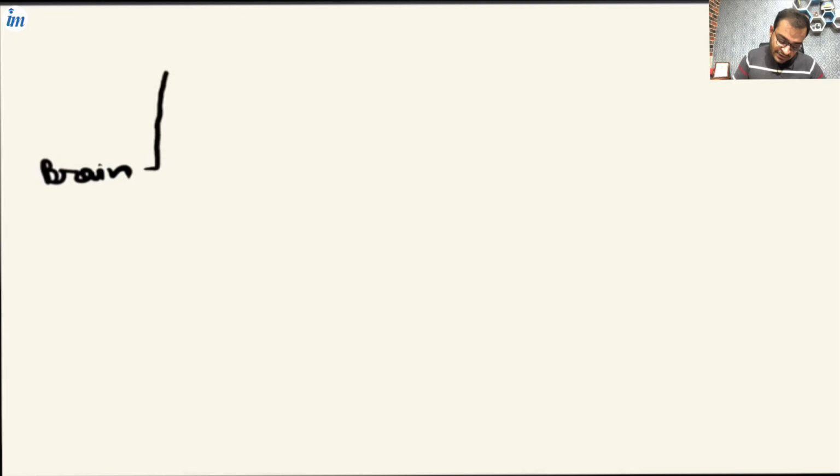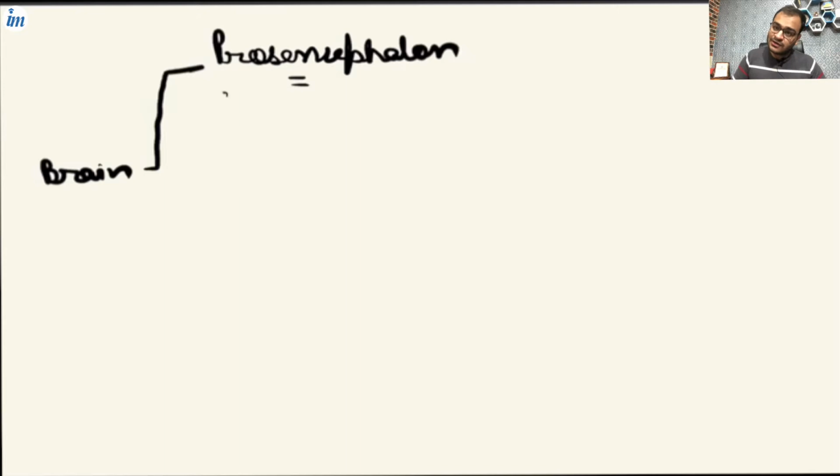The brain has also been classified into three parts. The first is the prosencephalon, also known as the forebrain. It is the largest part of the brain.